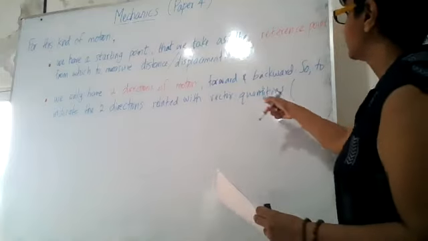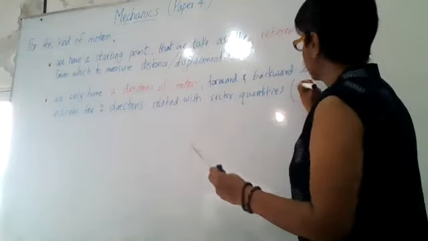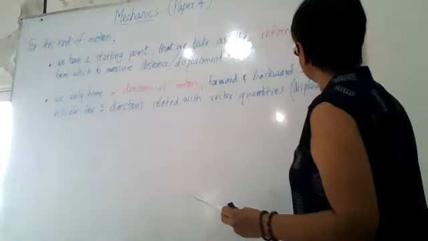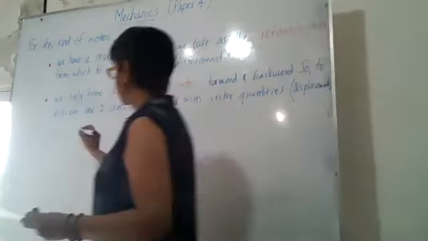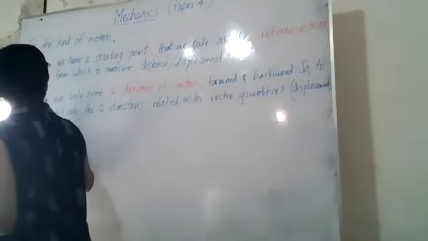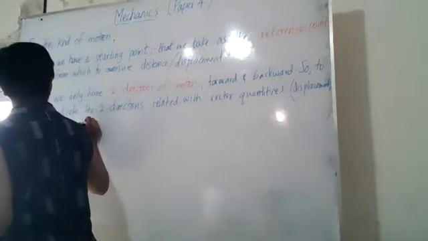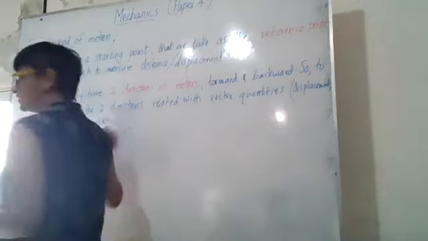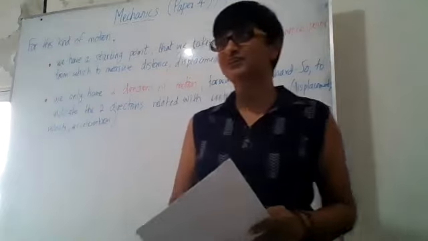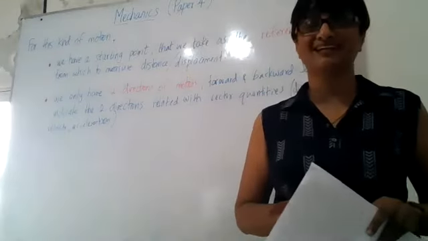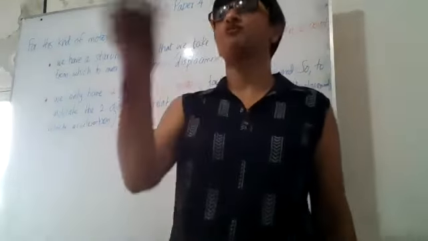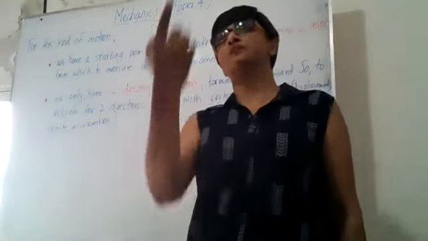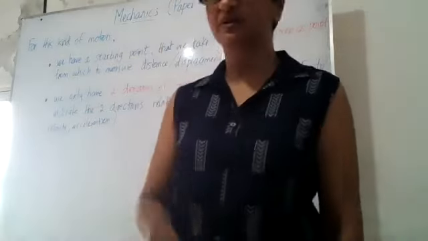The two directions related with vector quantities. Vector quantities means if you want to say the displacement, velocity, or acceleration, you have to specify the direction. You can do it just by using a plus sign or a minus sign. For a motion under gravity, upward can be called positive, downward can be called negative.